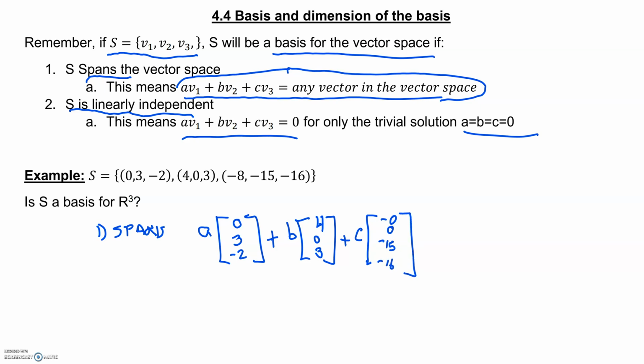So there's a linear combination of those vectors, and does that equal any vector in that vector space, u1, u2, u3?